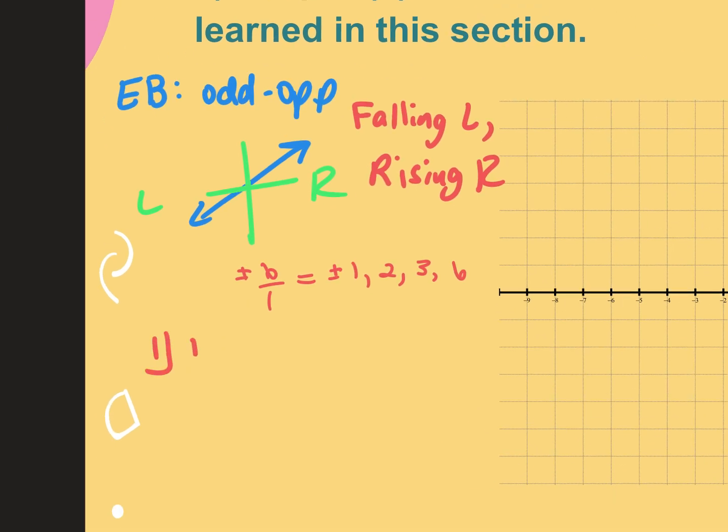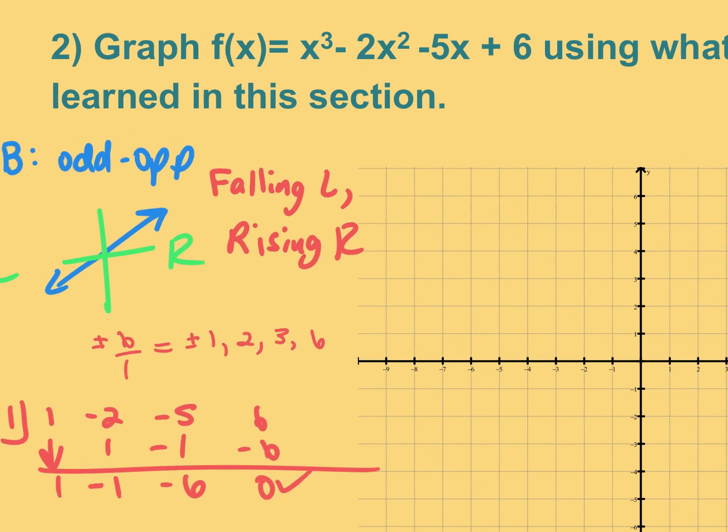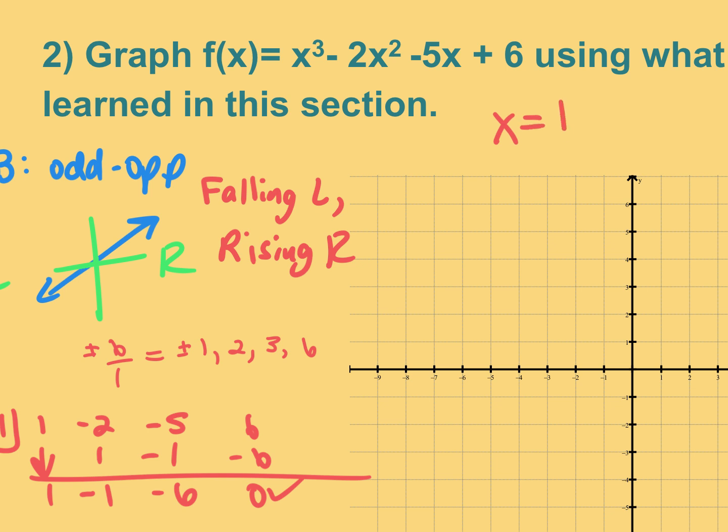So I have 1, negative 2, negative 5, and 6. 1 times 1 is 1. Negative 2 plus 1 is negative 1. Negative 1 times 1 is negative 1, and negative 5 plus negative 1 is negative 6. Negative 6 times 1 is negative 6, and 6 plus negative 6 is 0. What did you guys just prove? That's a factor. So one of my answers is x equals 1.